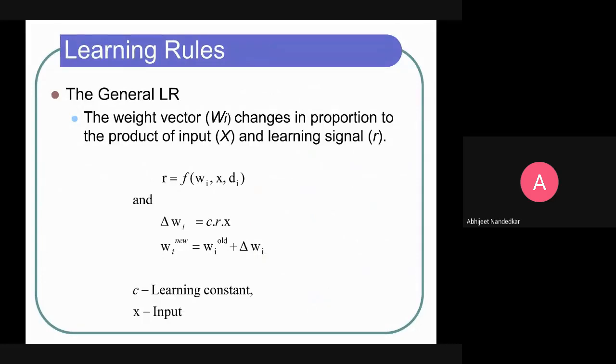Then we have seen very briefly what we mean by learning rules. So what is a learning rule? It is the provision or a way to find out W for a given problem.